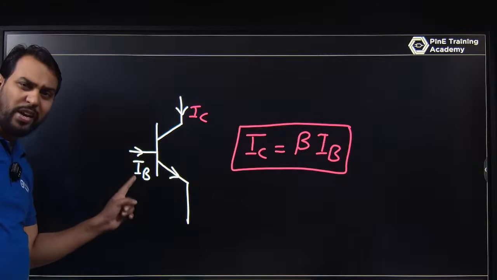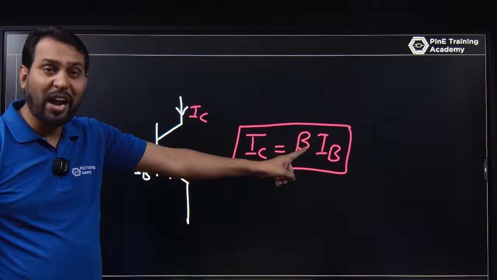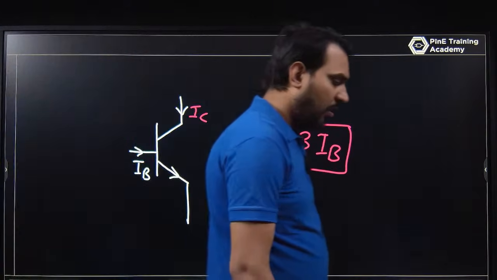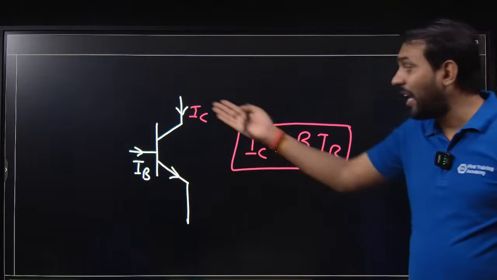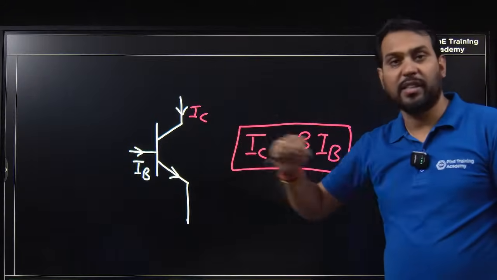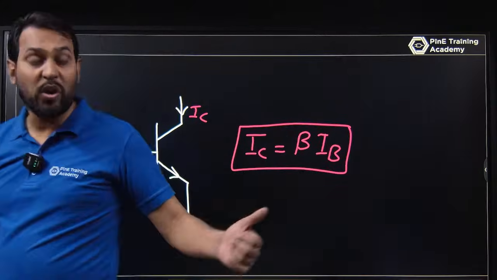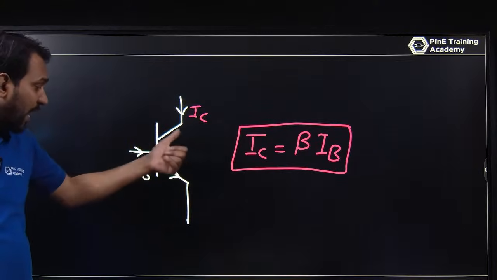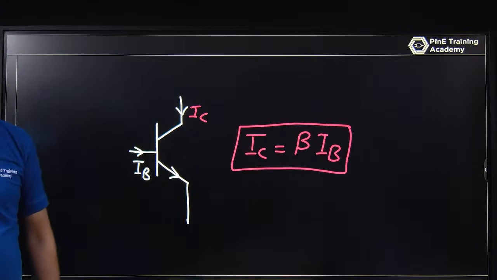The base current is very small in a BJT, but the collector current is very high because the gain factor beta is very high, near about 100. So this is the amplification of the current. The collector current is amplified by the factor beta with respect to the base current. This is a current controlled current source, where the source is current, the output is the collector current, and the input is the base current.